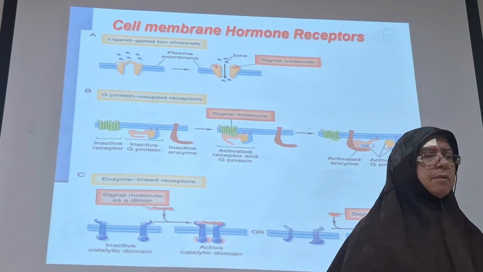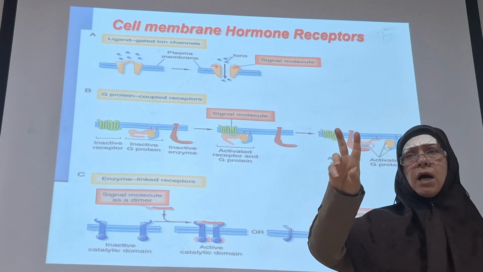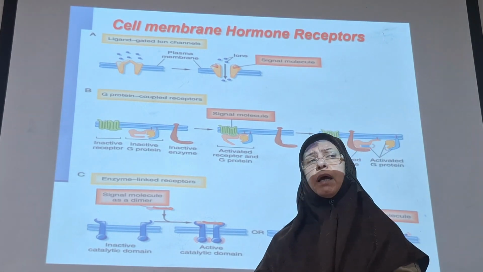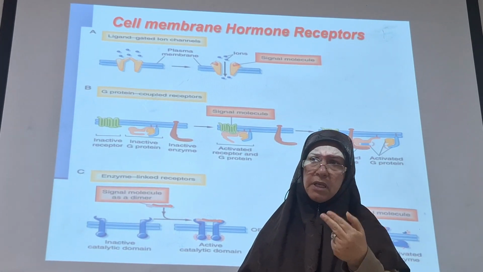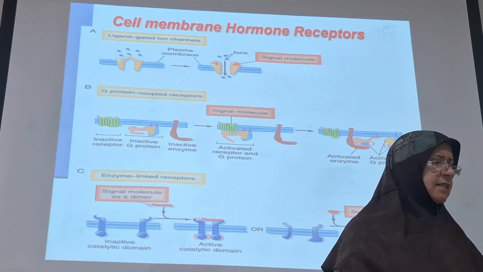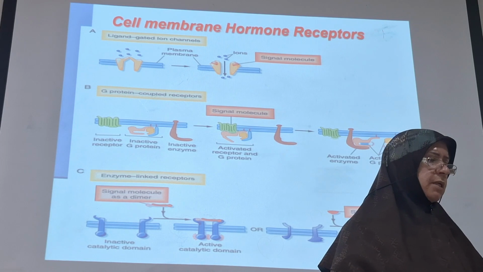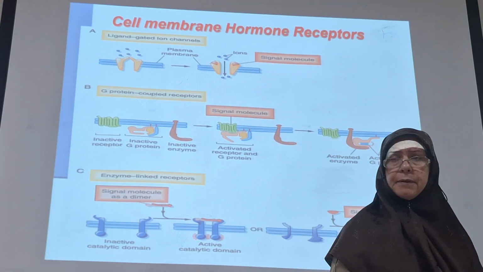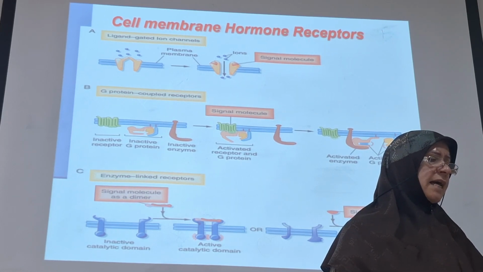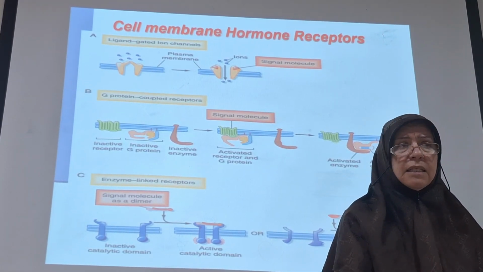And enzyme-linked receptors: we have some kinds, but 2 kinds are very important for us for endocrine hormone actions. First, the receptor has one membrane segment, and inside the receptor has tyrosine kinase activity, but in inactive form.